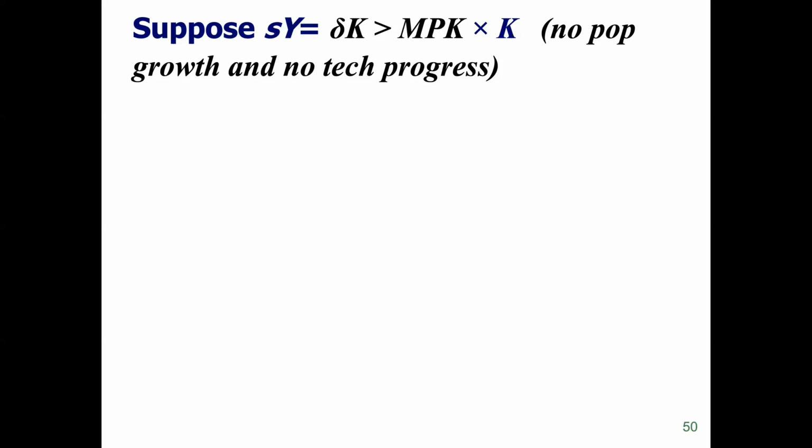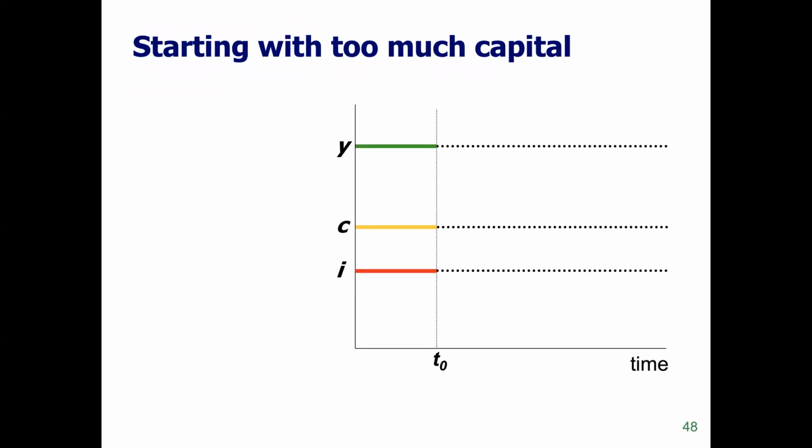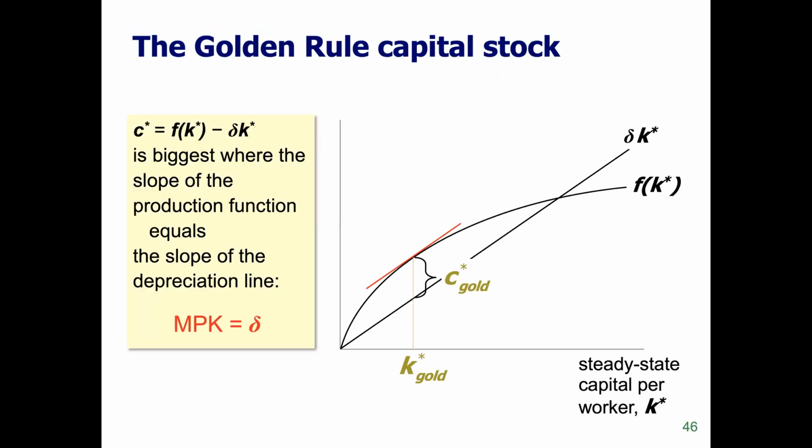That just means we're at a steady state. So suppose we're at a steady state, but delta K is greater than MPK times K. So therefore depreciation is greater than the marginal product of capital. And let me remind you of where that means we are relative to the golden rule.